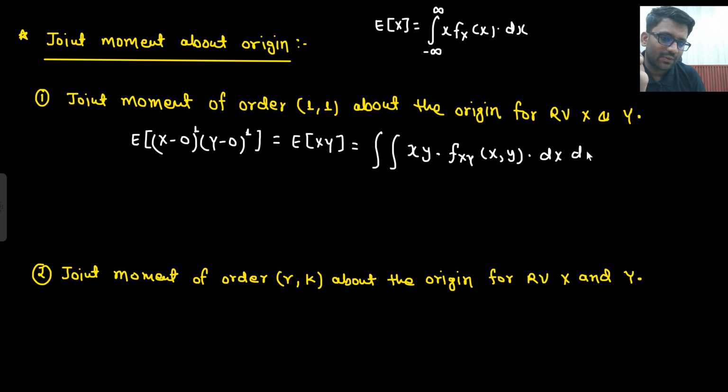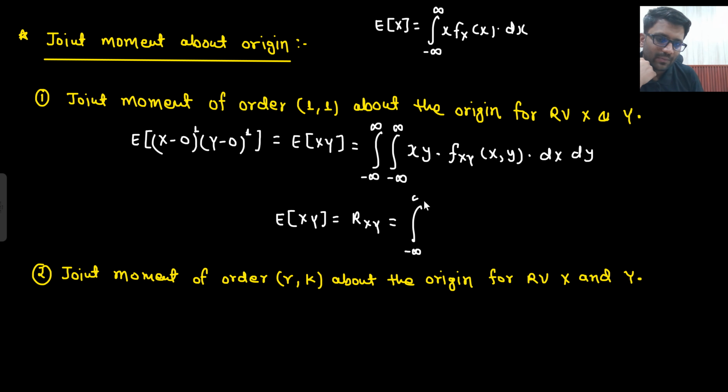Dot dx dot dy, and here you will put the limit of x as well, and the limit of y as well. We are going to solve very good questions here. So what did you understand? Expectation of xy is also known as rxy.